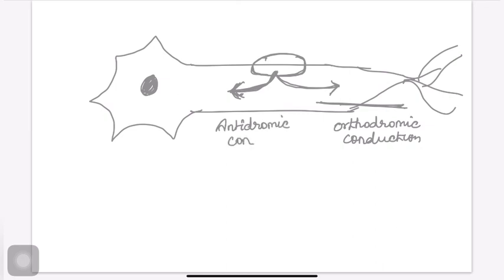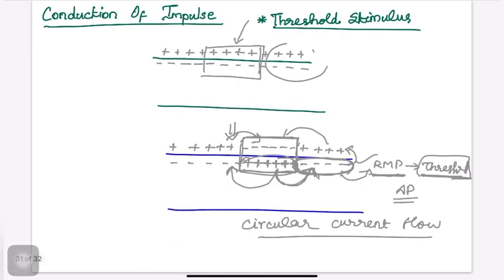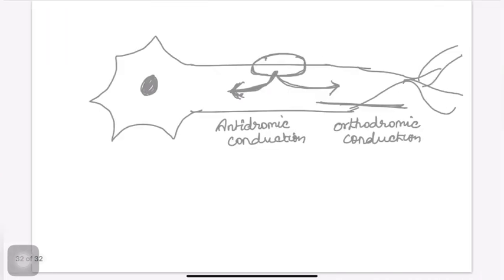As soon as an action potential is generated, the positive charges flow towards the adjacent sites and make that site's resting membrane potential reach threshold potential, so that an action potential is generated in that area too. By this mechanism, the impulse is transmitted towards both sides of the nerve, the mechanism is circular current flow, and the action potential is transported in the axon in both directions.